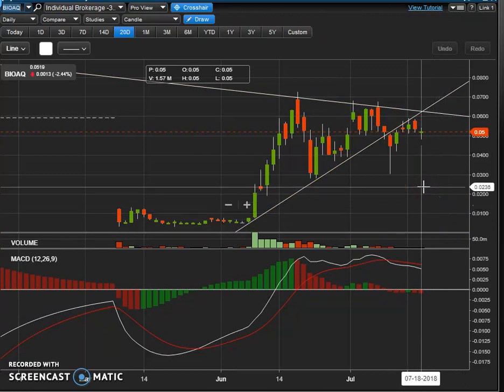My followers who are in this position and individuals who are in BIOAQ, a little friendly advice: if BIOAQ goes below today's low, which is 0.048, be careful. You can see a sharp drop.